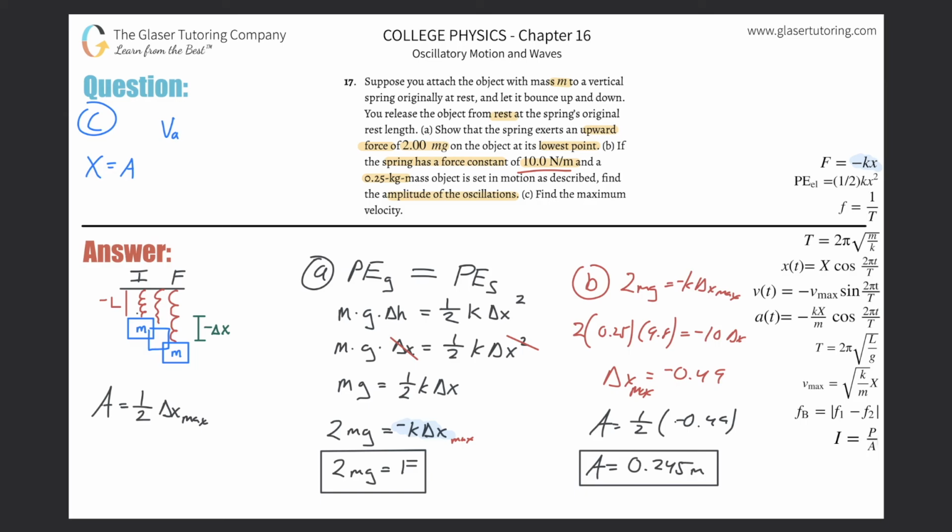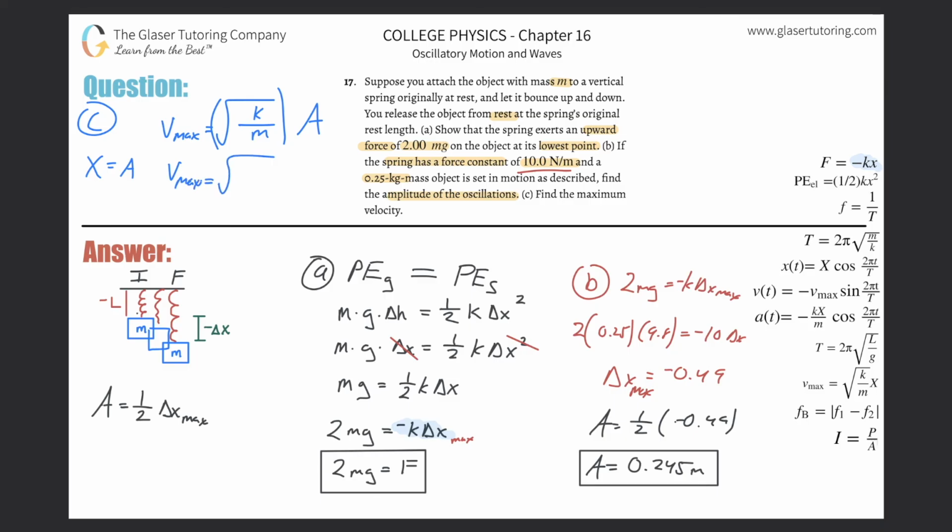Vmax, the maximum velocity that this thing can obtain, will be equal to the square root of the spring constant k, divided by the mass of the object that's oscillating, all multiplied, not under the radical, by the amplitude. So that's the formula. Just plug it in.